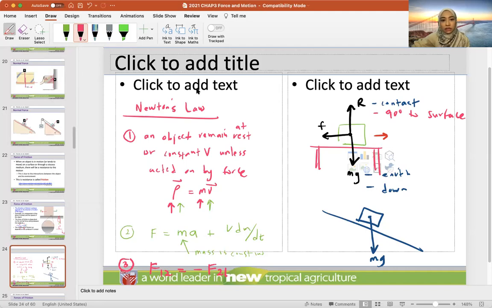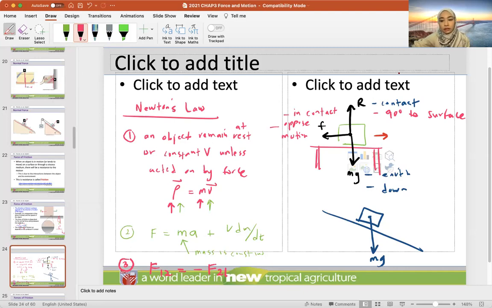Okay, and what is the condition for friction? In contact and opposing the motion. So ada dua condition, in contact, oppose motion.